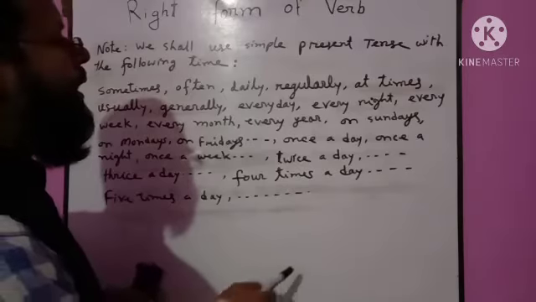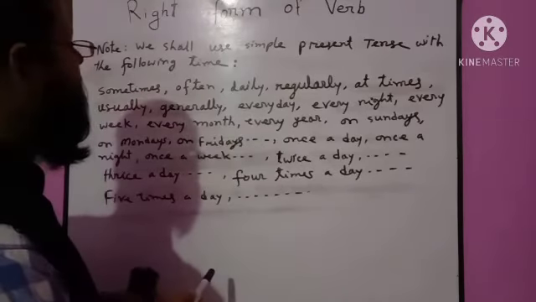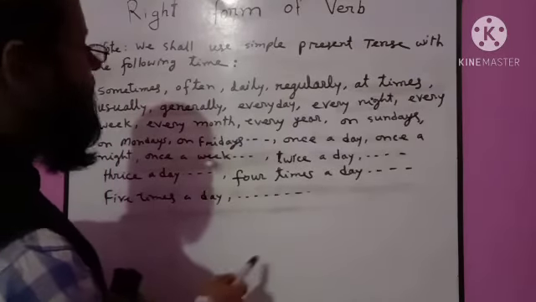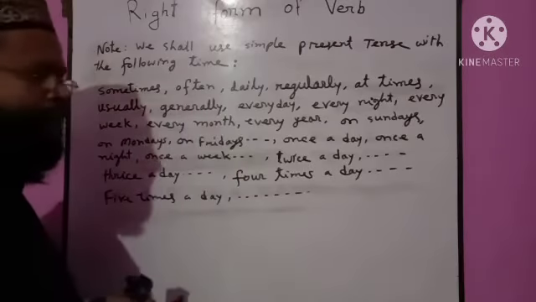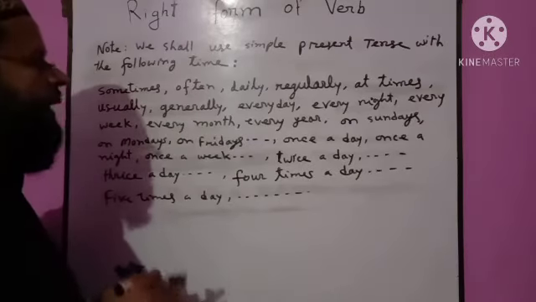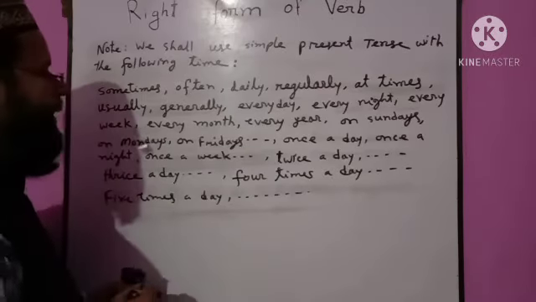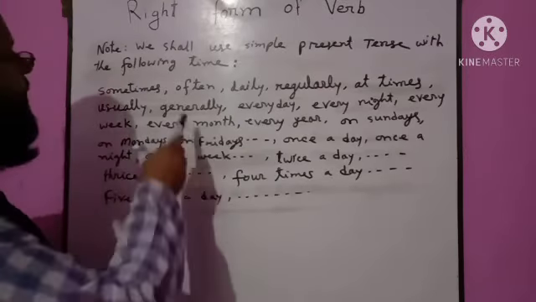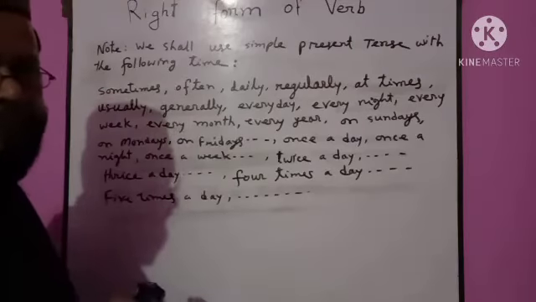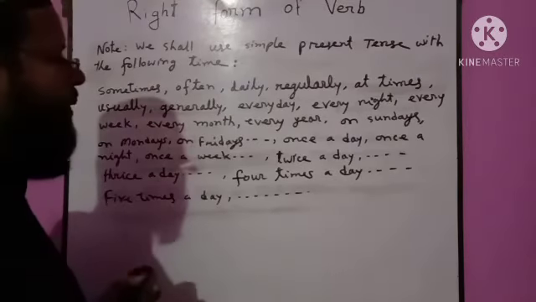This is regular time, and this adverbial of time expresses regular time. So we shall use present tense if there is such a time in the sentence. We shall use the present form of the verb.